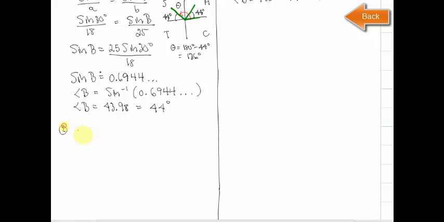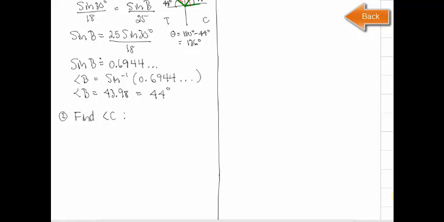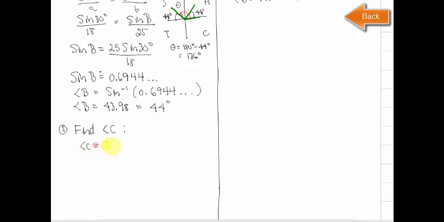Okay, so our second step is to find angle C. Now that's an easy one because we already know two angles in our triangle, so we just have to subtract those from 180. So 180 minus angle A, which is 30 degrees, minus angle B, which is 44 degrees, gives me 106 degrees for angle C on this triangle.